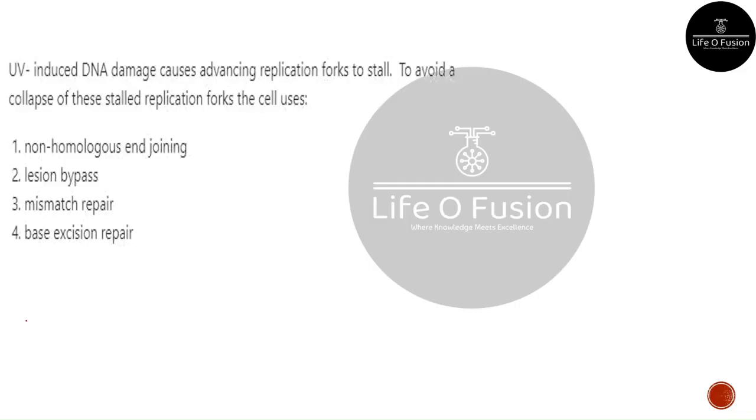So the first question. UV-induced DNA damage causes advancing replication fork to stall. So if there is a replication going on, this is a replication fork. Your DNA polymerase is doing replication.